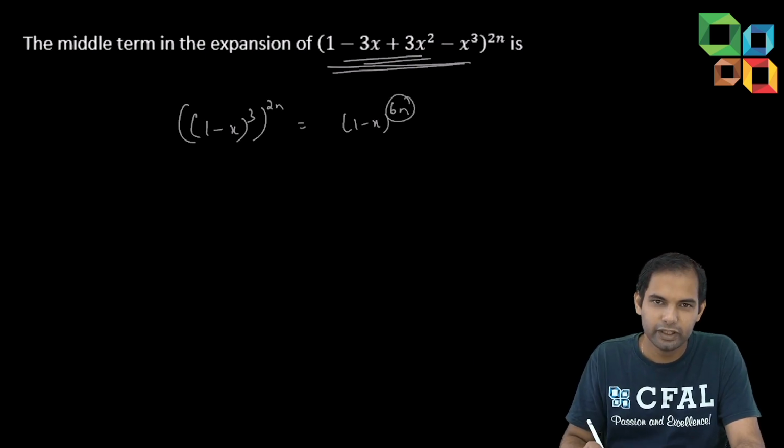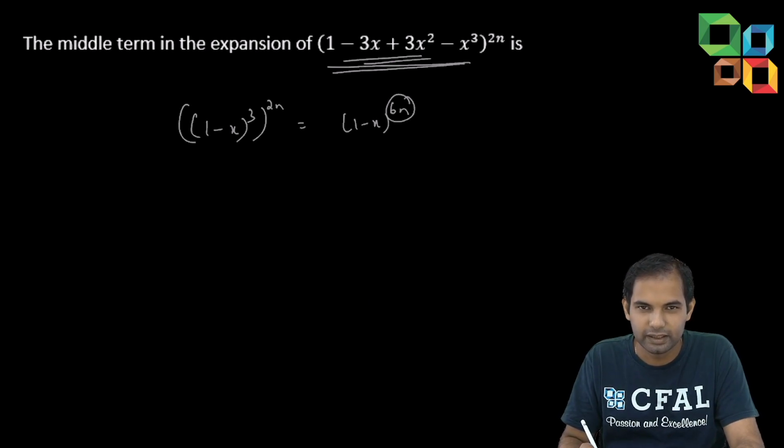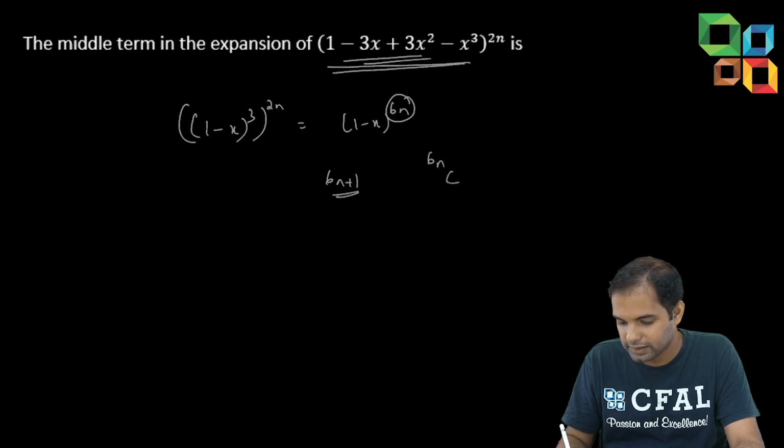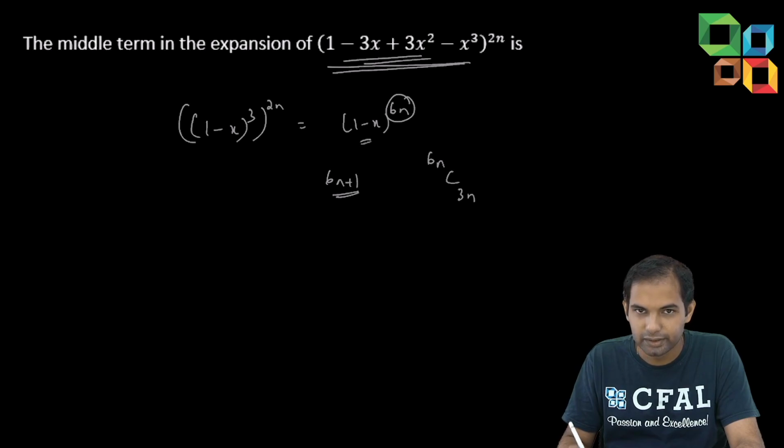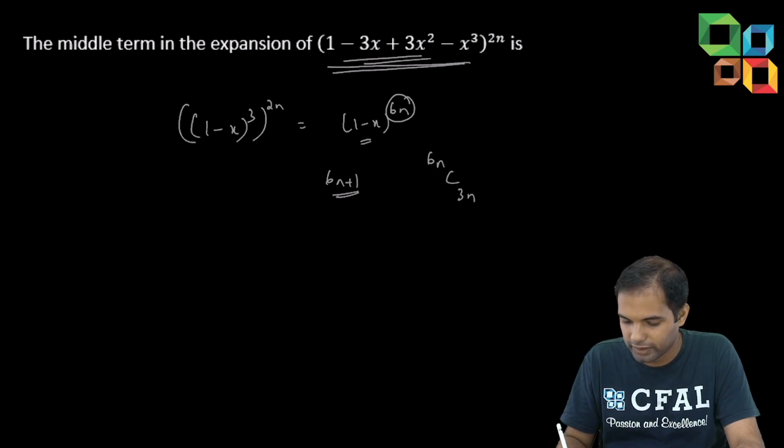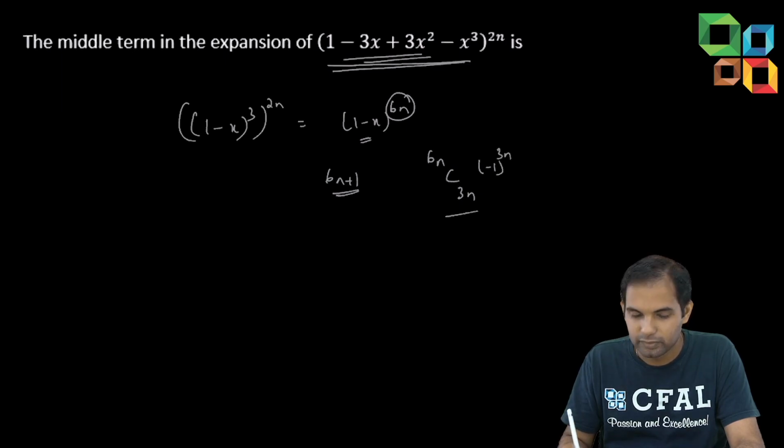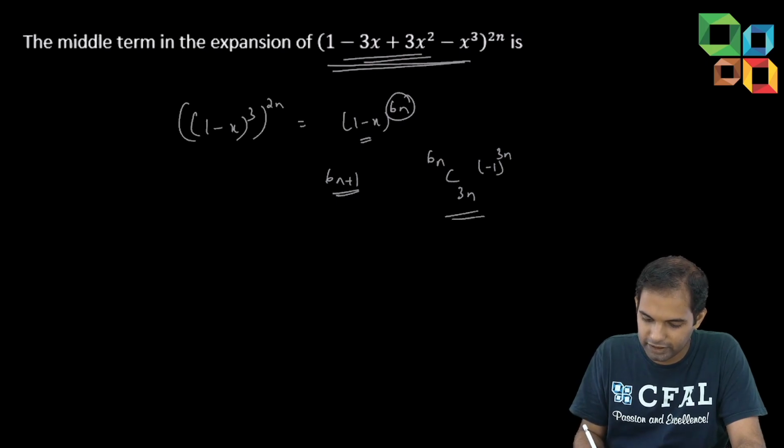Now, even terms for sure, because n will be a natural number. So 6n plus 1 terms, middle term we want. What is it? 6nC3n. Now there is a sign here. If you want, you can write it as minus 1 whole power 3n. Depending on the sign, the middle term is different. If you want, write the general term if you're confused.